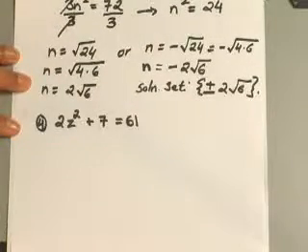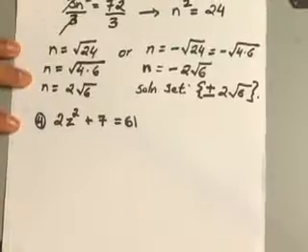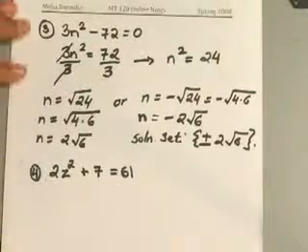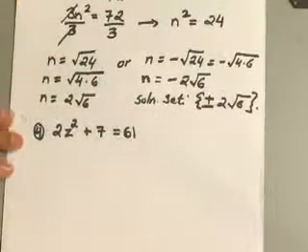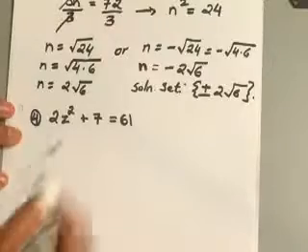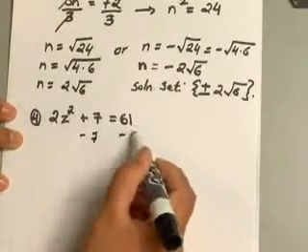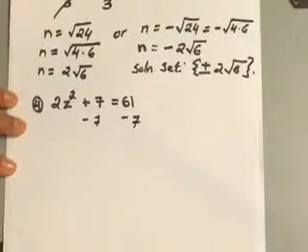So we have 2z squared plus 7 equals 61. Just like we did in example number 3 here, you want to try and get the square term by itself and move everything else over to the other side. So of course, our first step is going to be moving the 7.